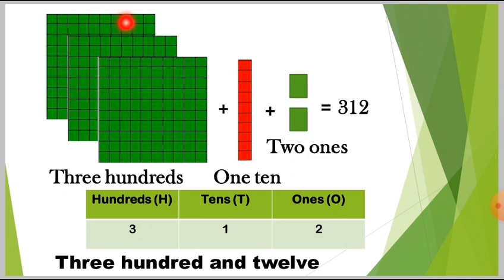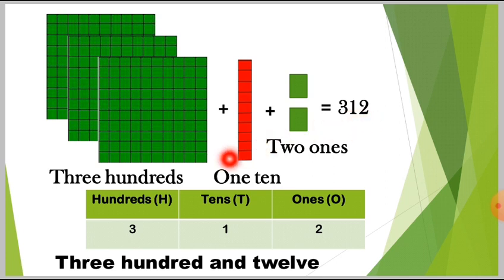Each block shows 100, that you know, isn't it? So, this is 100, 200, 300. So, 300s and then 10. Look children, here is 10 and then 2 ones, 1, 2, 2 ones. So, 300s, 10 and 2 ones are there in the number 312.